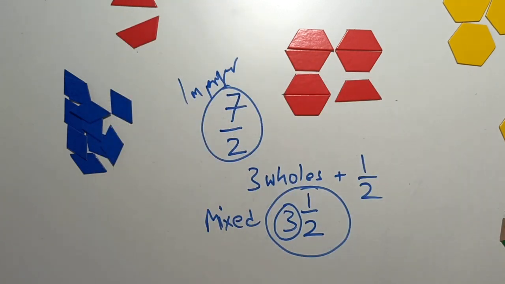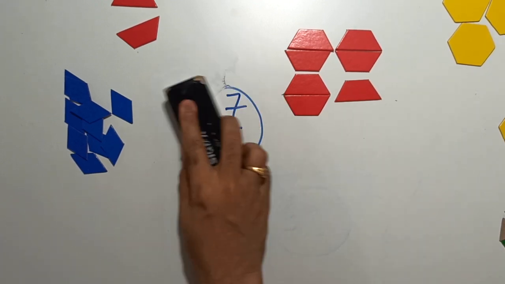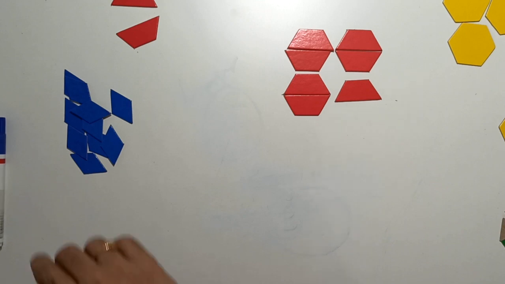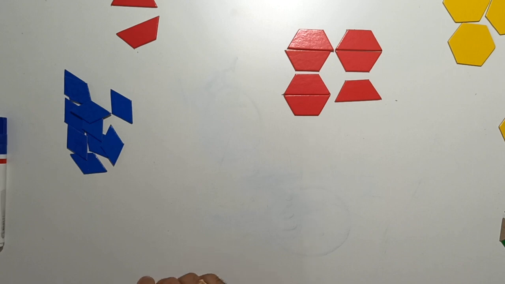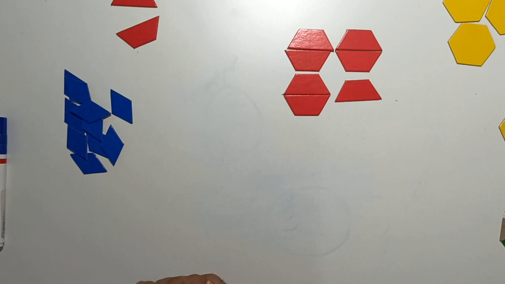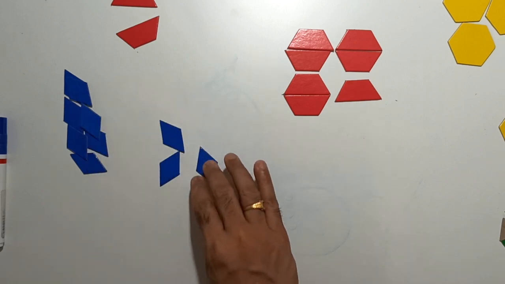Now let's look at one more quick example. We did 7 by 2 right now, so let's look at 7 by 3.